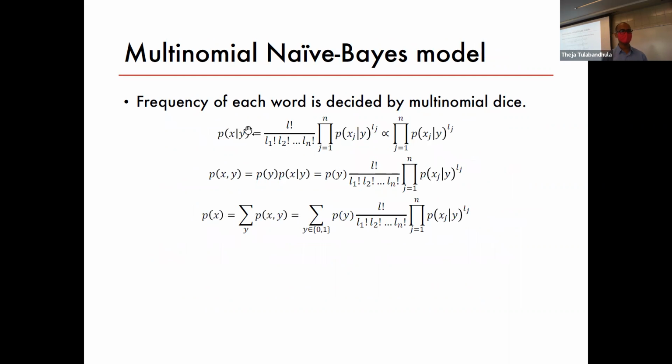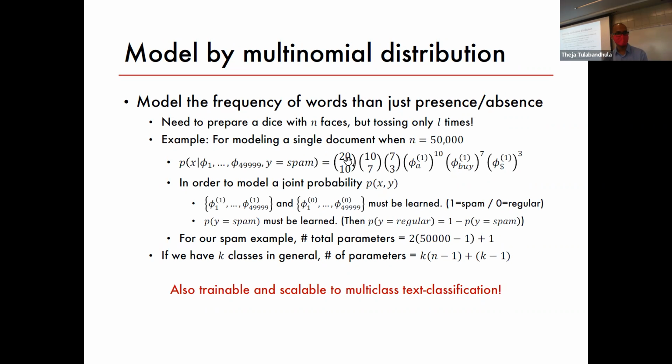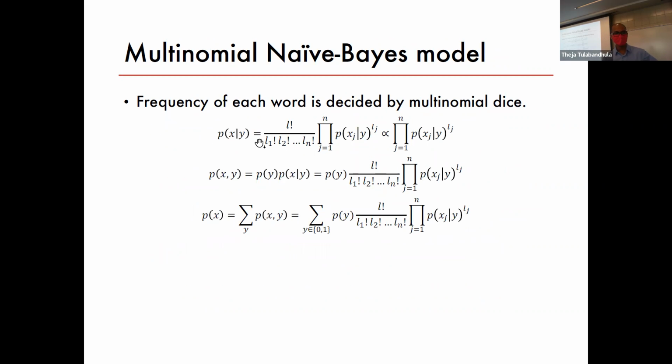So again, the expressions for the conditional probability of x given y, the joint probability, and the marginal are very similar. The only difference is the raising to the power of the number of times that word appears. So previously, the probability of x given y, this is I guess a better expression than the example here. The probability of x given y has this coefficient, which is the total number of words, the sum of the x vector.